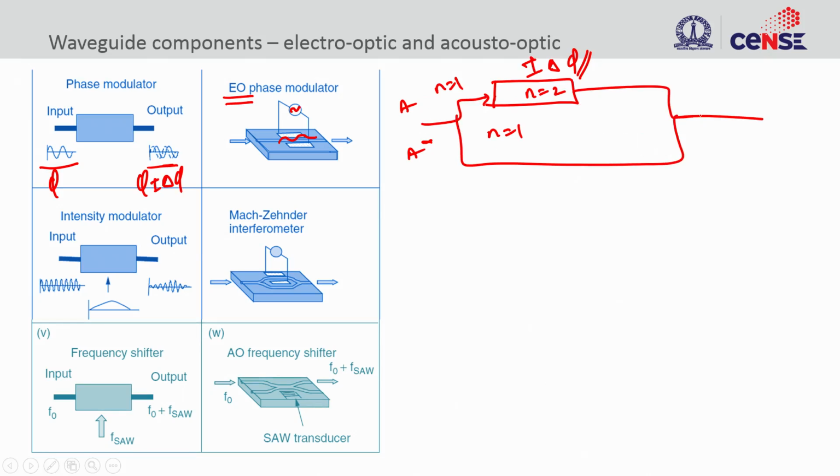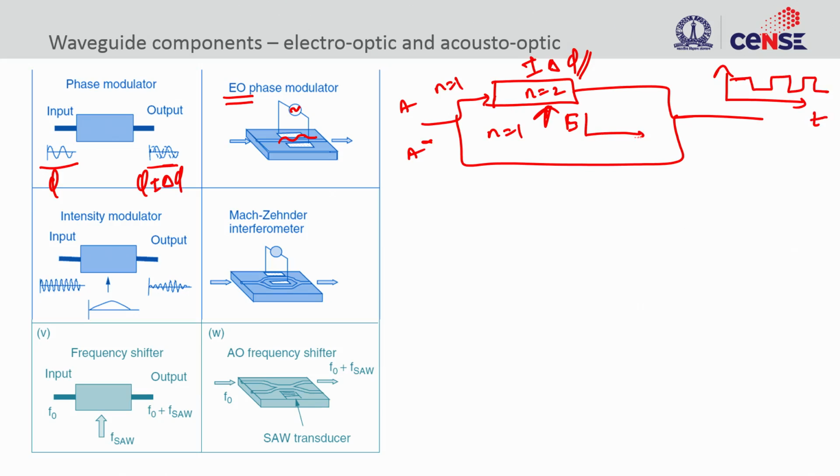Okay. So, by doing this, you can create an interferometer, and this interferometer again is static. But when I apply an electric field here, my phase is also changing dynamically. Because of this dynamic change in the phase, I can change my intensity as a function of time.